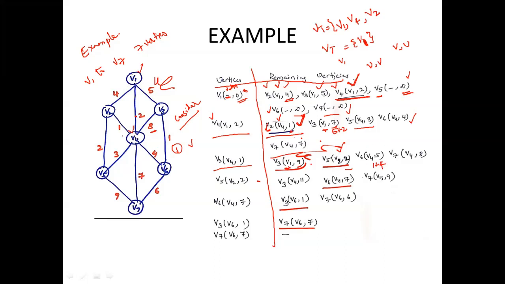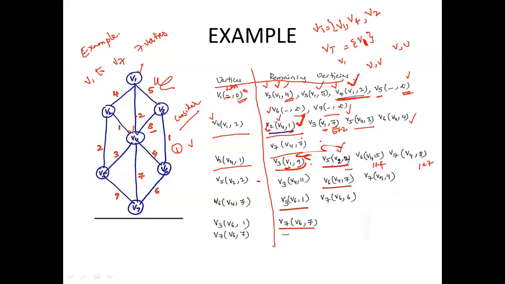And then from V2 to V7, I don't have any direct path, but I have a path via V4. What is this path? 1 plus 7, that is 8. So you can consider this path, 1 plus 7 as 8. Why? Because even though I don't have any direct path, that gives a weight of infinity. So this will be the lowest cost compared to infinity, so I can consider this.